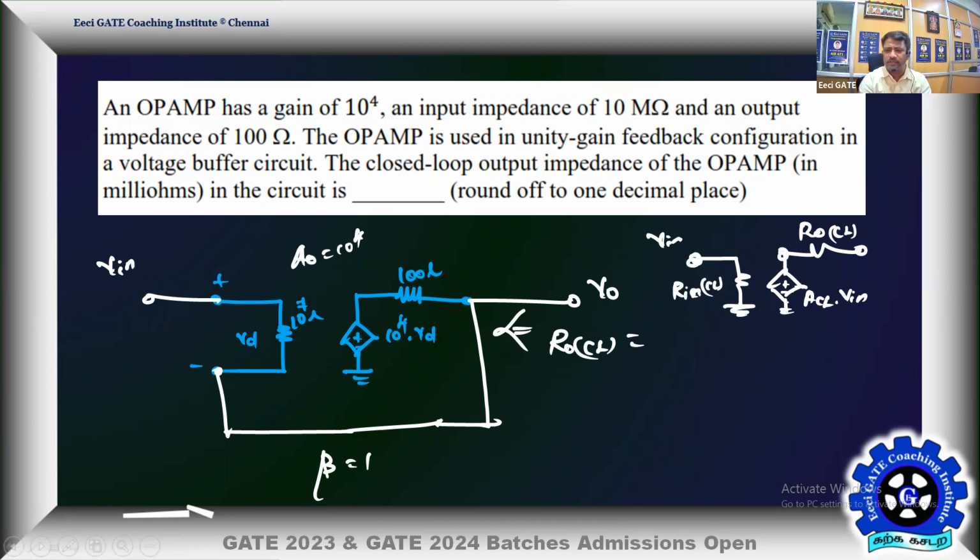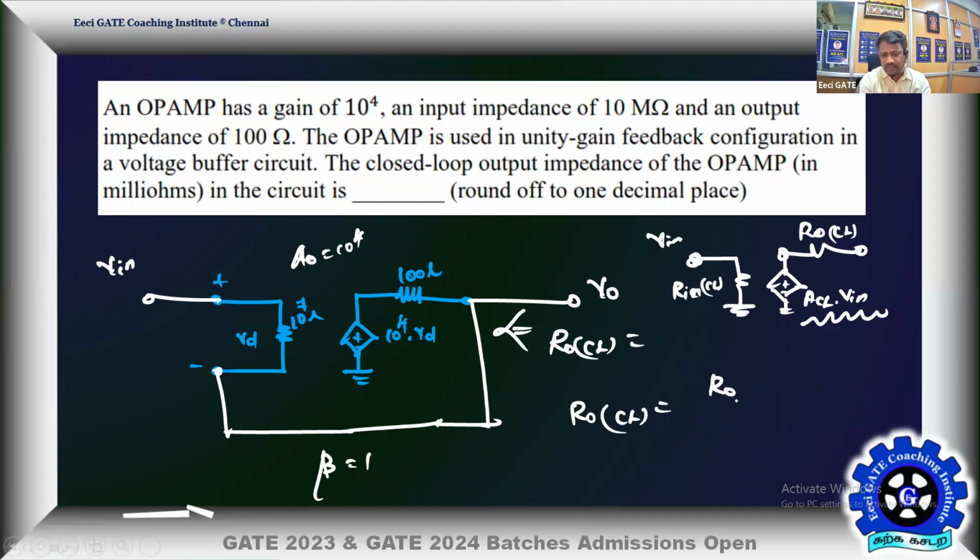If you want to sense a voltage source, the input resistance must be infinity. As per the practical voltage source equivalent, we always expect the internal resistance of the voltage source to be 0. Therefore, R0 CL must ideally be 0. If A0 beta equals infinity, it will happen. But in this case, A0 beta is finite. Ideal is 0 and practical is R0 divided by 1 plus A0 beta, because 1 plus A0 beta has to decrease your output resistance.